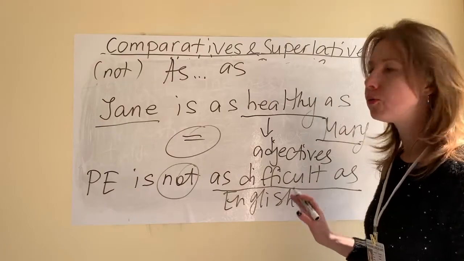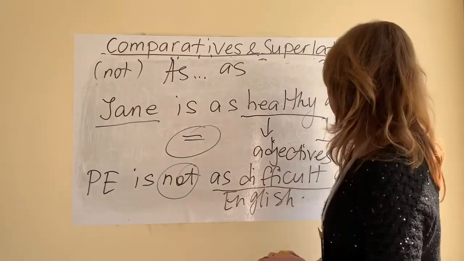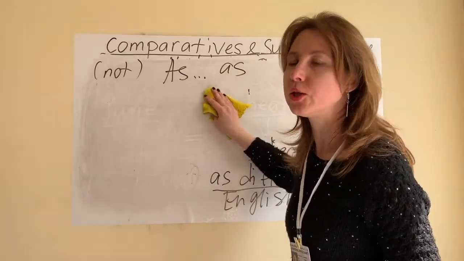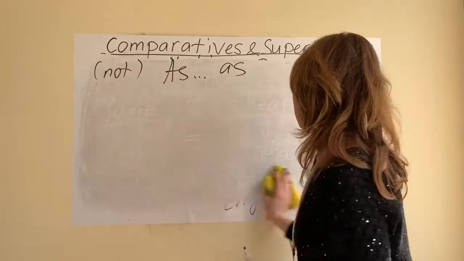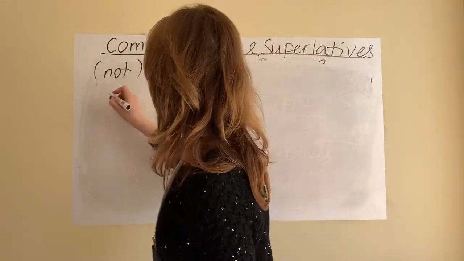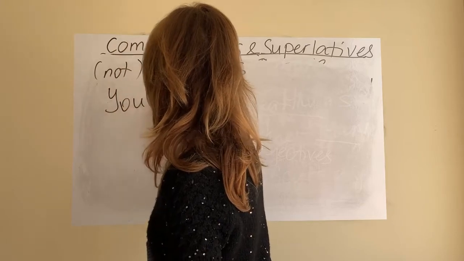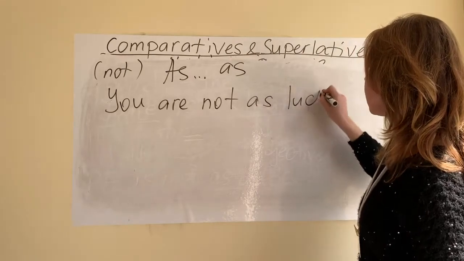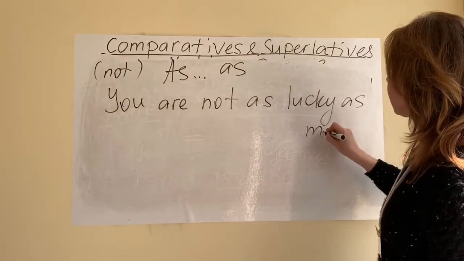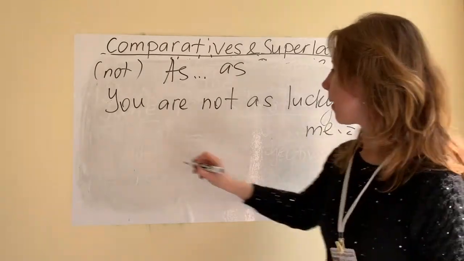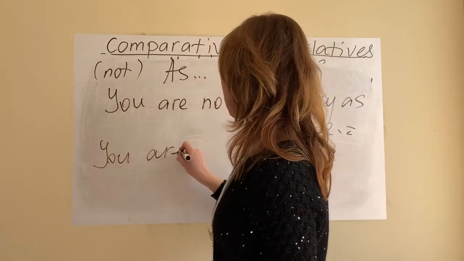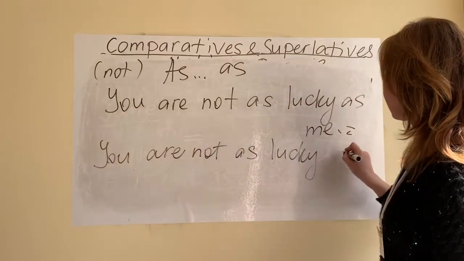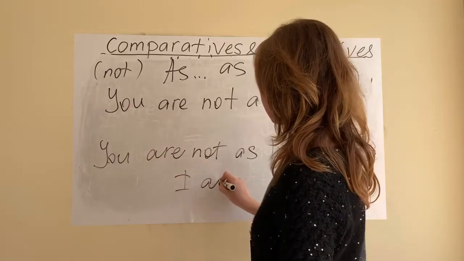And one more thing that you need to remember here is that sometimes we may use pronouns after this structure. You are not as lucky as me. It's the same as you are not as lucky as I am.